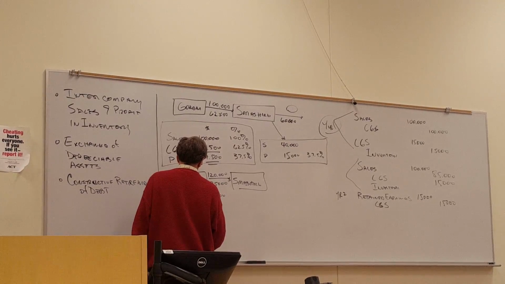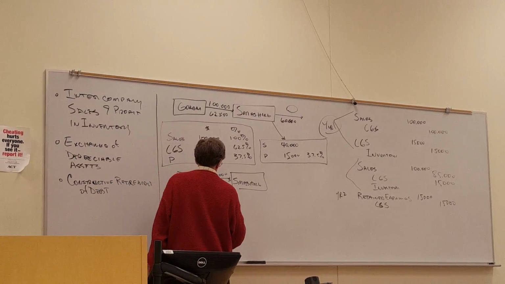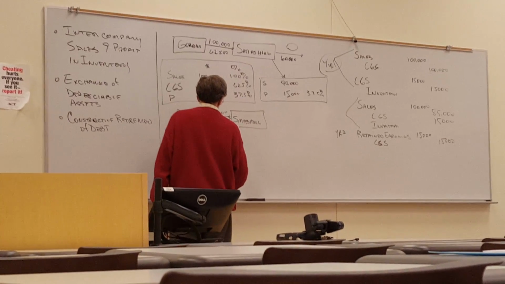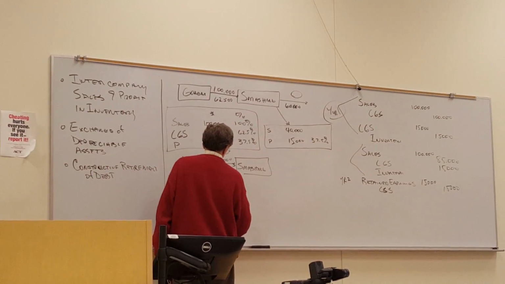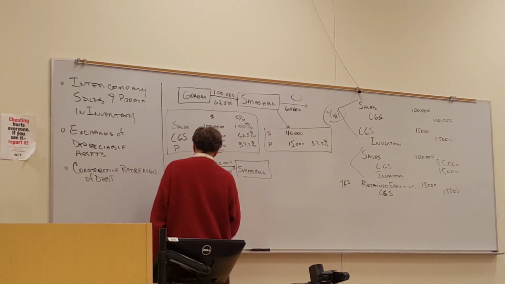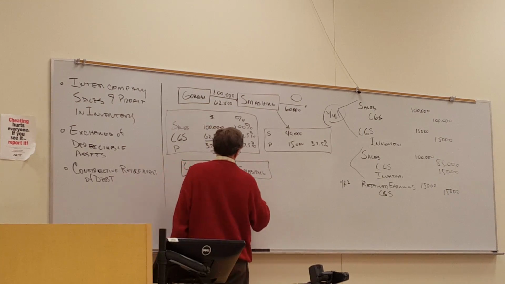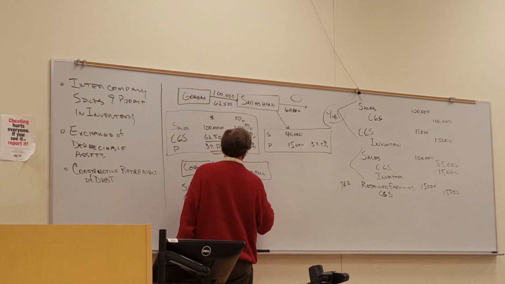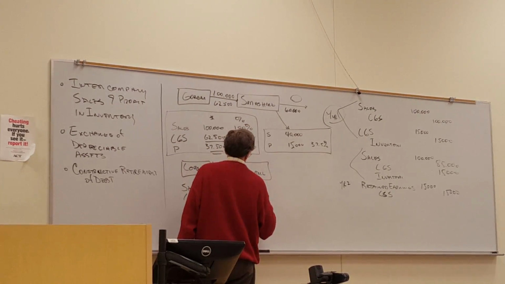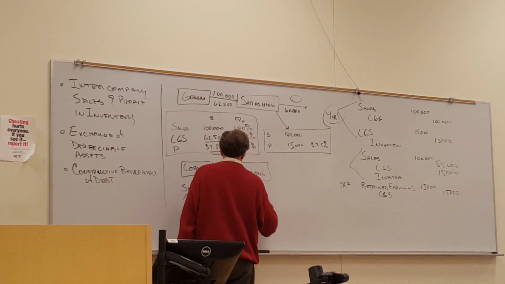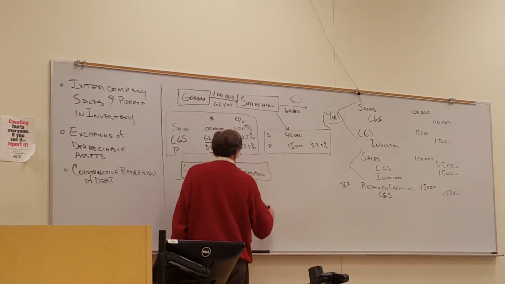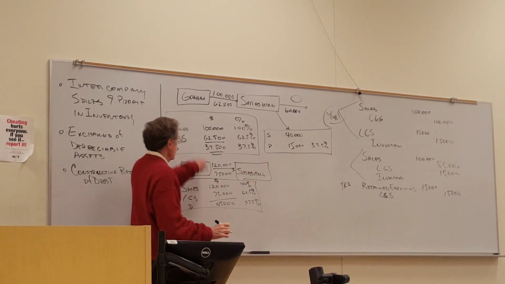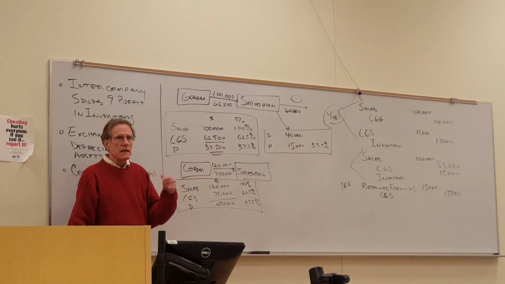We have cost of goods sold of $75,000. That leaves us $45,000 of profit. And if we look at the percentages, this is 100%, this one is 62.5%, and this is 37.5%. It just so happens the way this works out is the percentages are the same in each year.